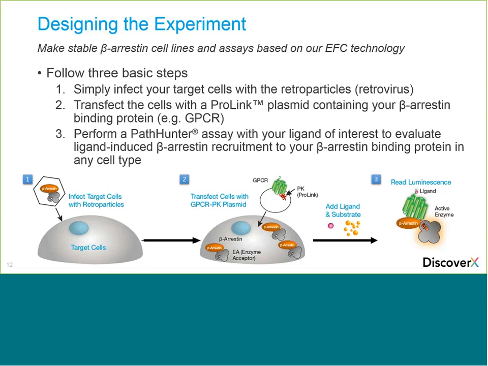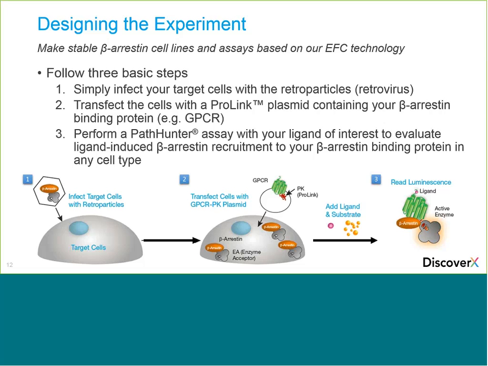In this specific example, we're looking at a monkey GPCR, a chemokine receptor, versus the human version, looking at beta-arrestin recruitment with the agonist interleukin 8. And you see there is a definite difference. There's about a 10-fold less potency using the monkey receptor compared to the human receptor. All right.